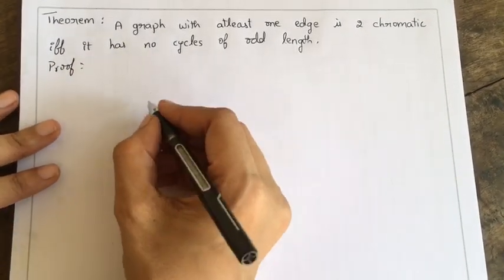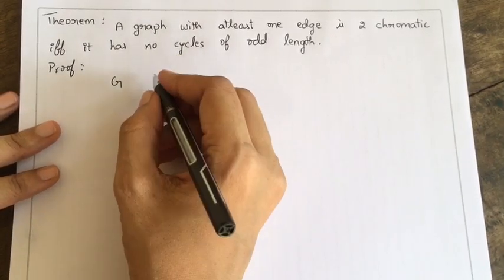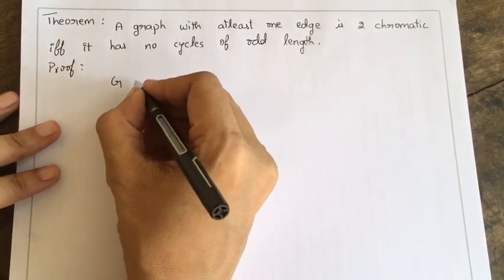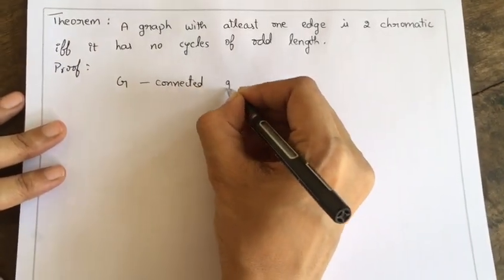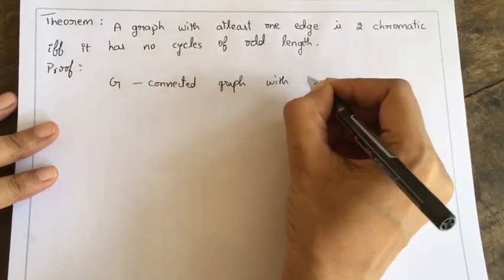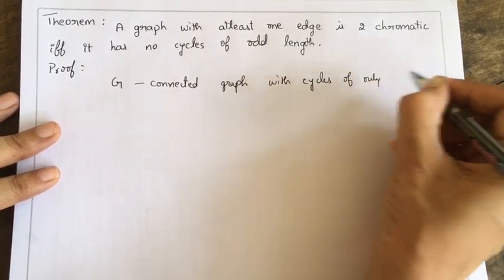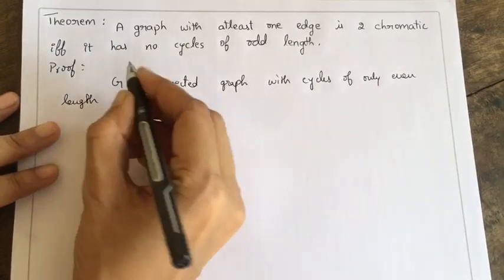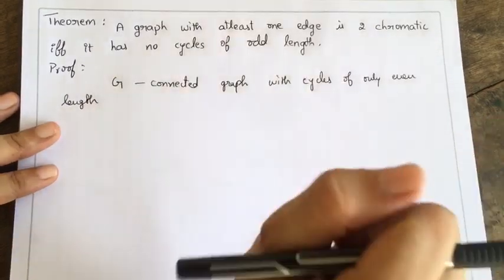Let me take a connected graph G with circuits of only even lengths. Connected graph with cycles of only even length means it has no cycles of odd length, that means cycles of even length only.